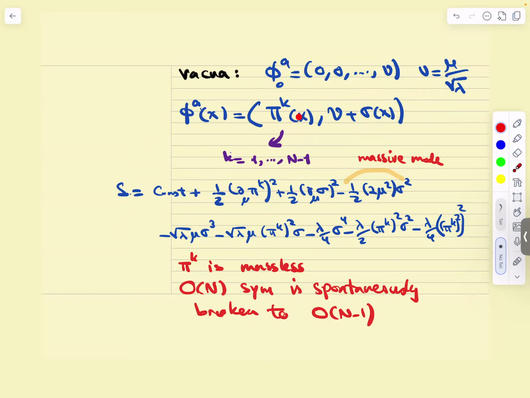I'm just plugging it in. There's no mass term for pi. There is a cubic term for sigma, and interactions of pi and sigma. There is a sigma 4, pi 2 sigma 2, and pi 4.